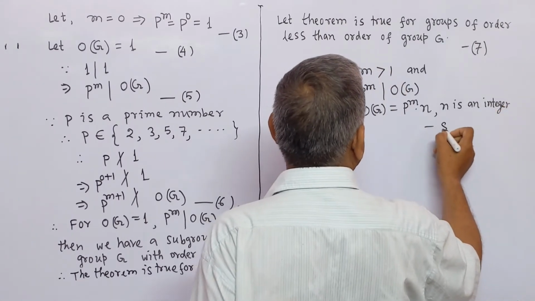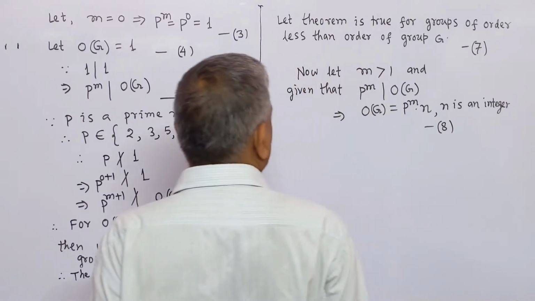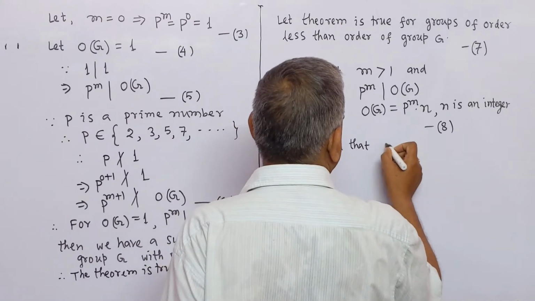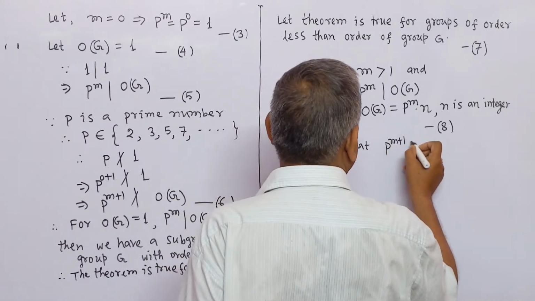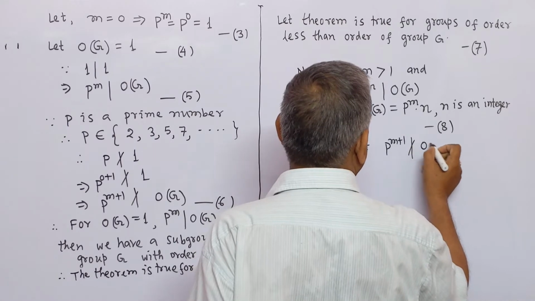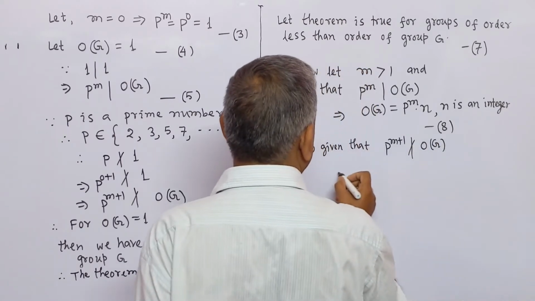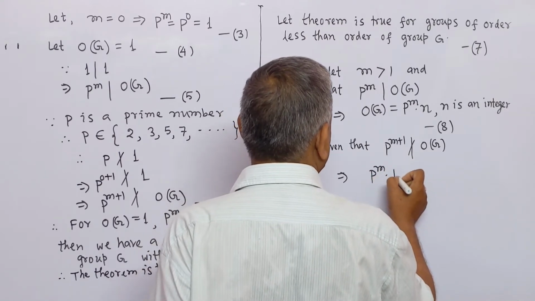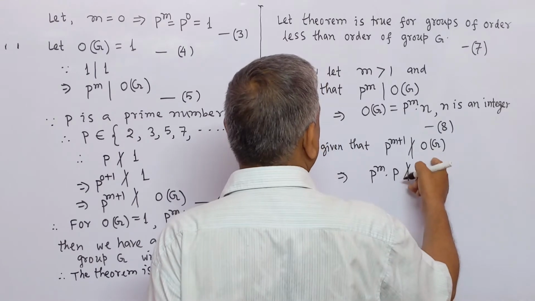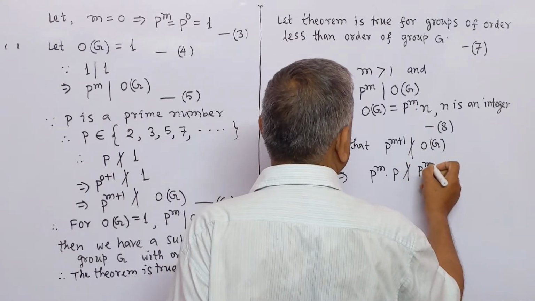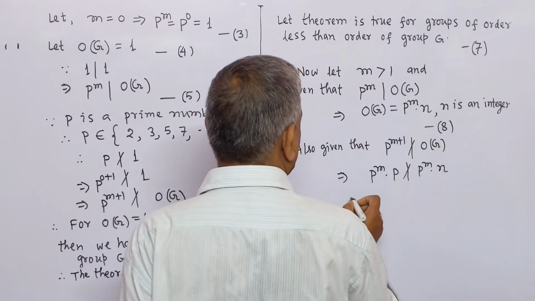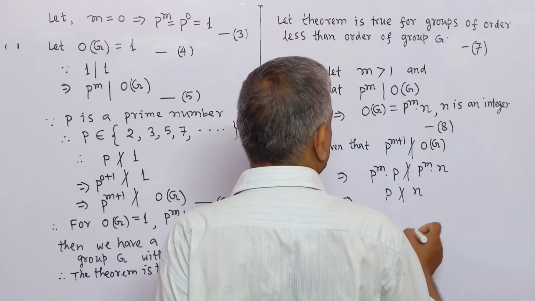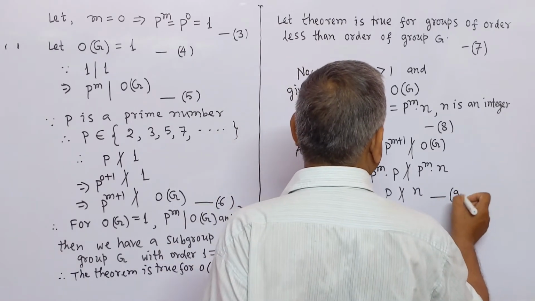Let this is number 8. Also given that P to the power m plus 1 does not divide order of G, implies that P to the power m multiply P does not divide order of G, which is P to the power m multiply n, implies that P does not divide n. This is number 9.